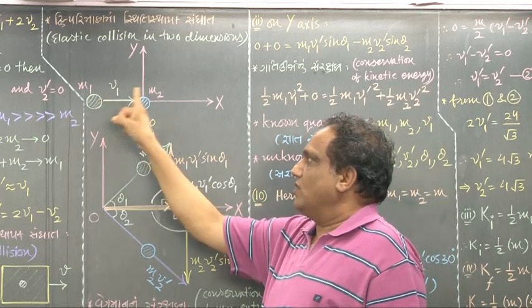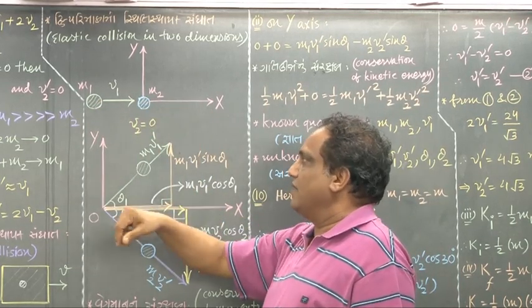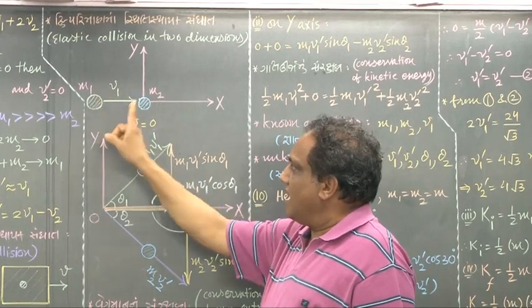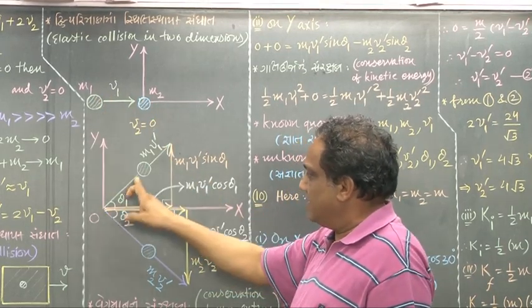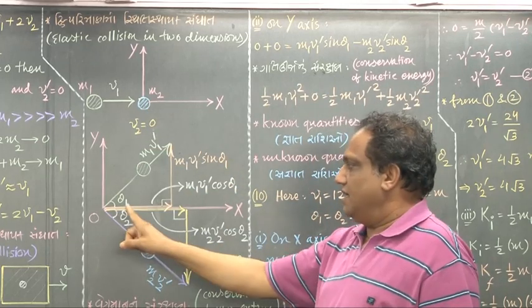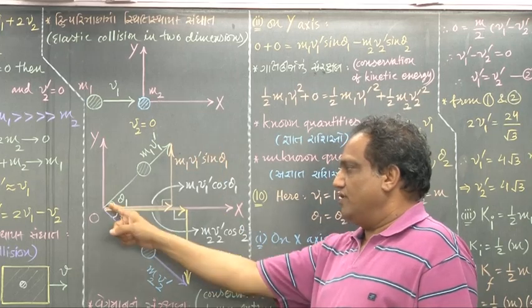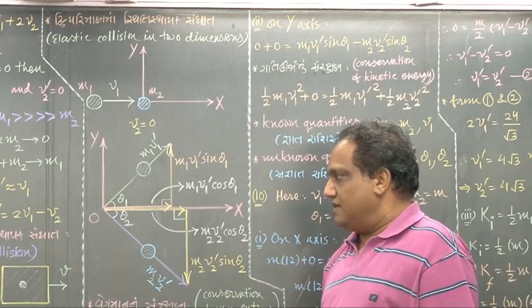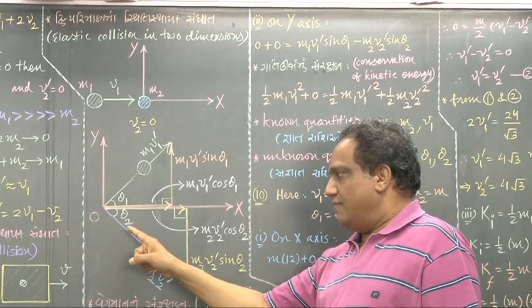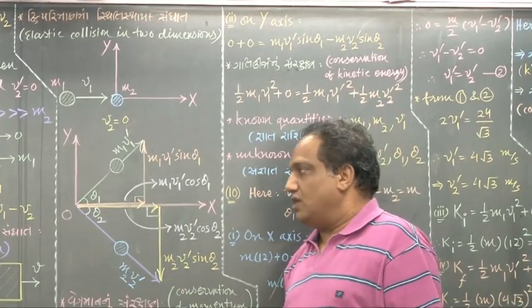When this body collides with this body and the collision is elastic, after collision suppose this body moves this way and this body moves this way. The angle made by the final momentum of the first body with the positive x-axis, let it be θ1. Similarly, the angle made by the final momentum of the second body with the positive x-axis I am taking as θ2.